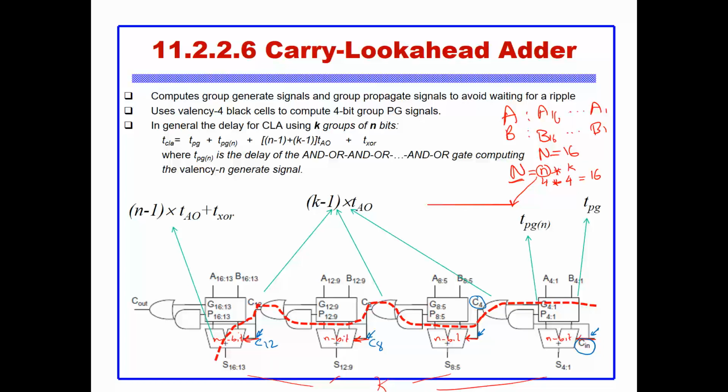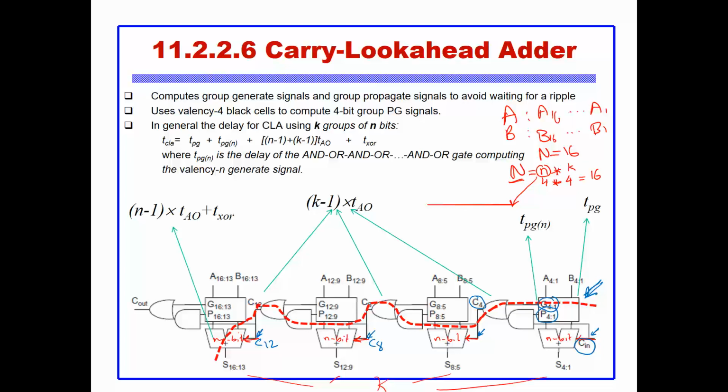To do that, we use a group propagate logic. This square here is the group propagate. We feed it the bits of A's and B's from position 1 all the way to 4, and we generate a group generate and a group propagate for the bits from 4 to 1.